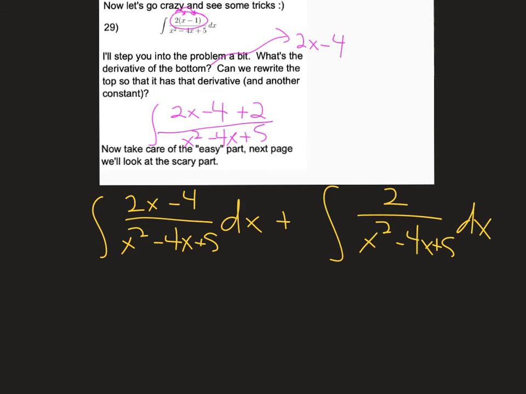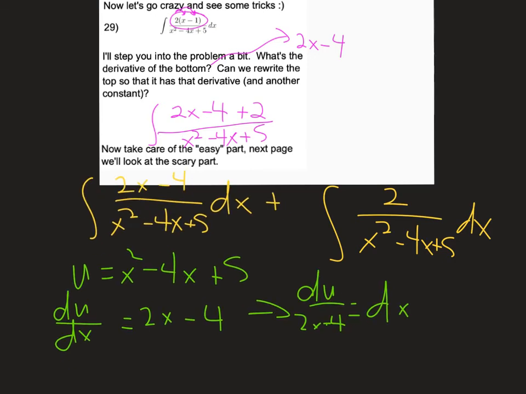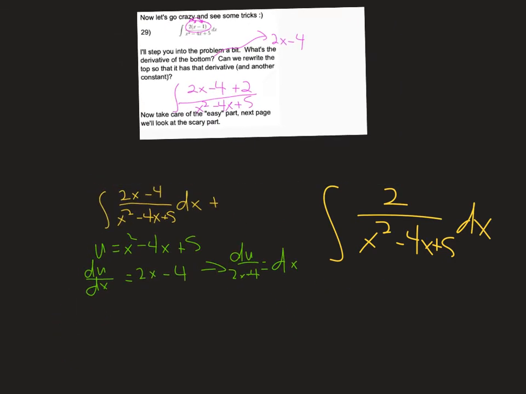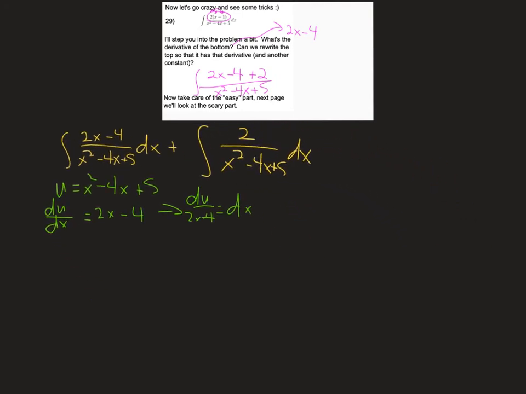So let's go ahead and do that. I'm going to say u equals x squared minus 4x plus 5. So du dx is 2x minus 4, which means that dx is du over 2x minus 4. Let's shrink this up, move this out of the way. That's the difficult part, so ignore that part.